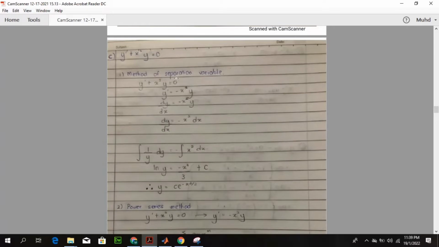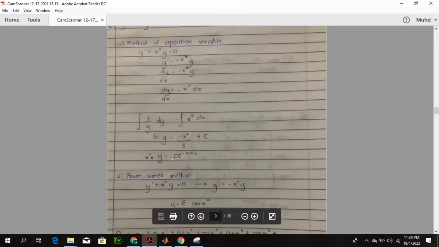In method of separation variable, the final answer is y equal to Ce minus x power of 3 over 3. For the power series method, the final answer is y equal to A0 e minus x square over 3.